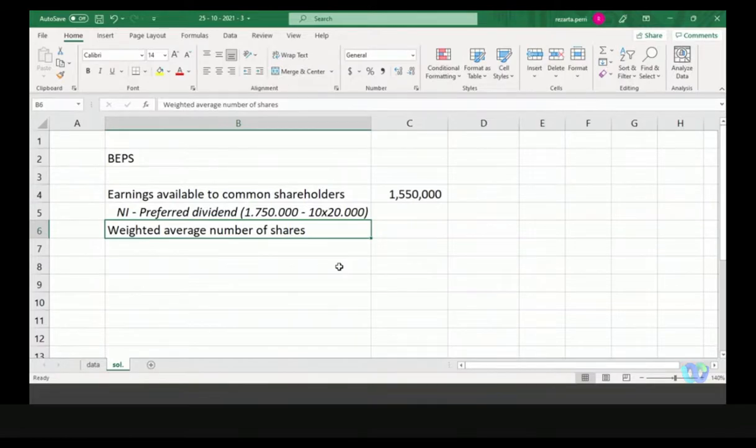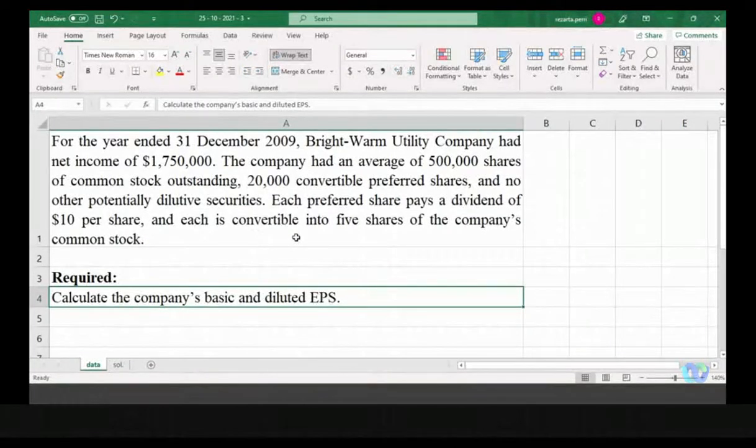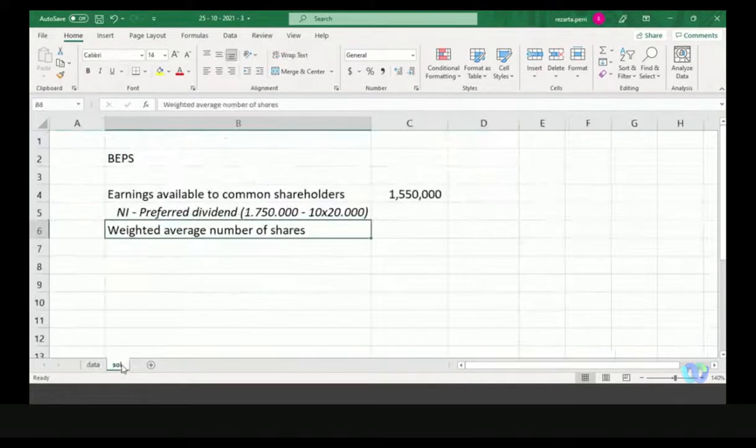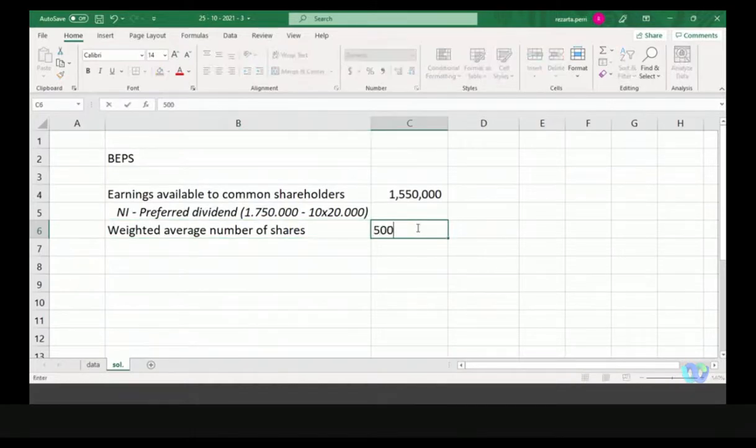The weighted average number of shares, in this case, we do not have any problem with the number of shares. The company had an average 500,000 shares and no problem with issuing bonus shares. So this is something that is directly provided as information for you over there.